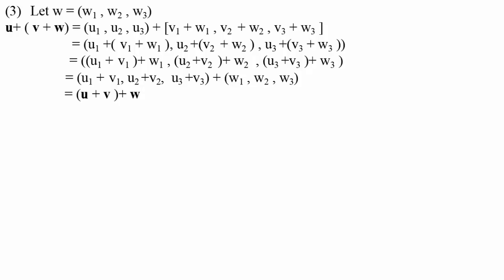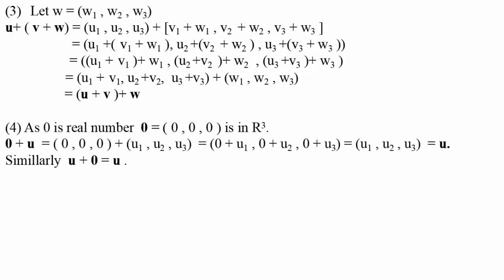And this is nothing but (u1 plus v1, u2 plus v2, u3 plus v3) plus (w1, w2, w3). The first bracket is the sum u plus v, and plus w. Thus, u plus (v plus w) is nothing but (u plus v) plus w. Thus, addition is associative in set R cube.